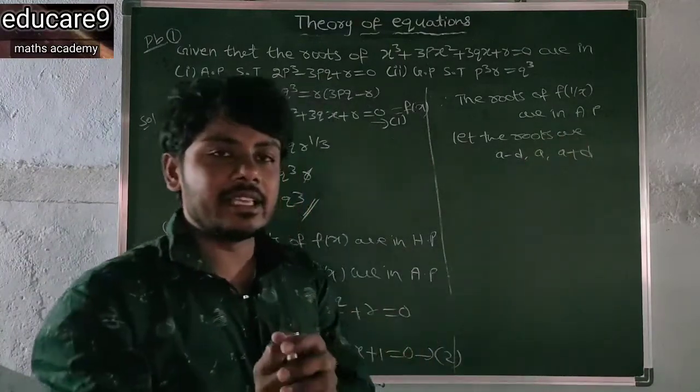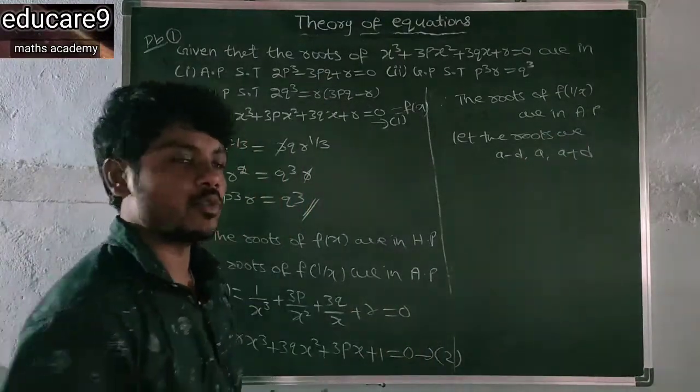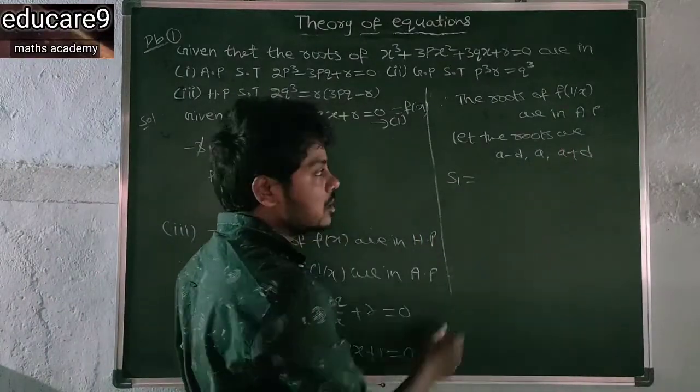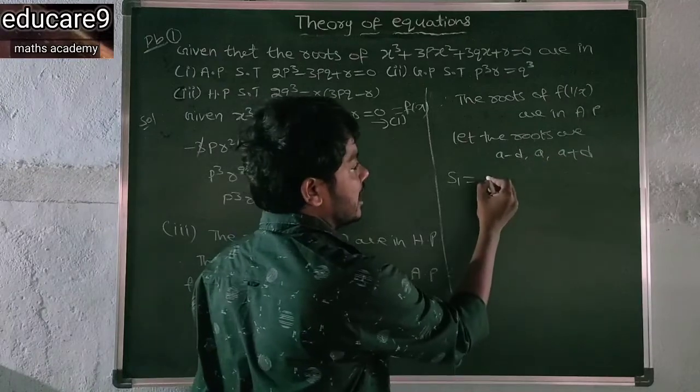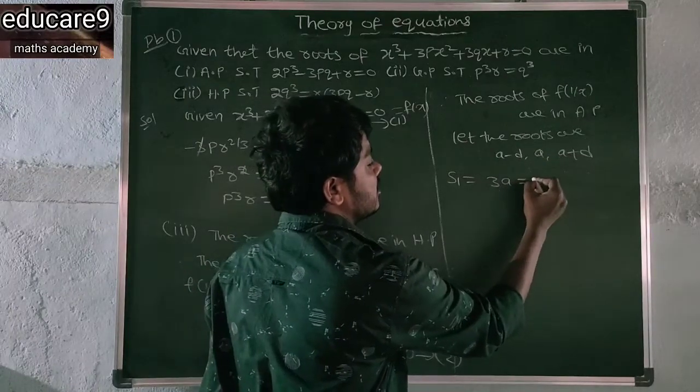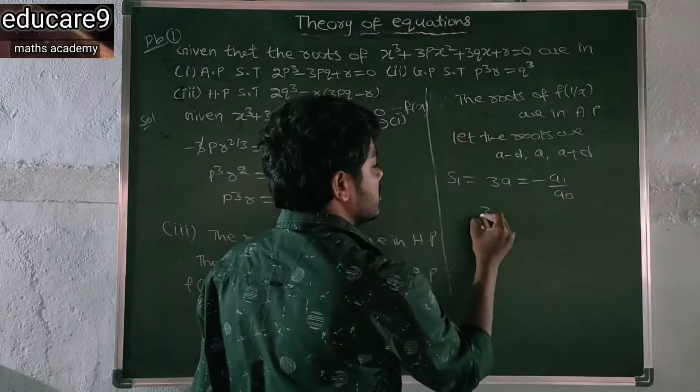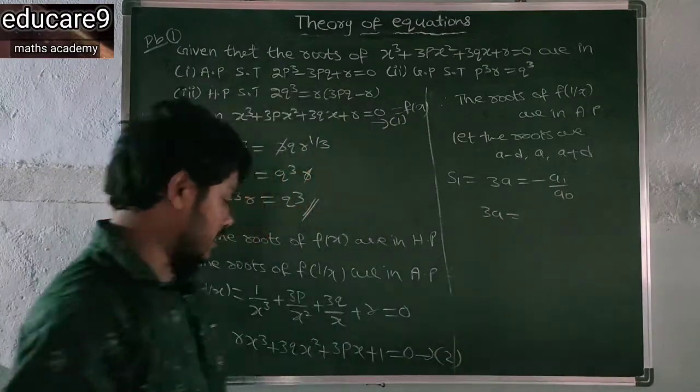So in that case you have to assume S1, the sum of all roots. Take the sum of these three, you get 3a. So that is minus a1 by a0. So 3a is equal to minus a1.